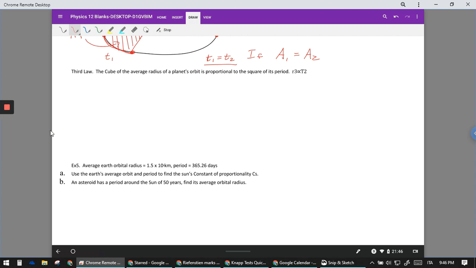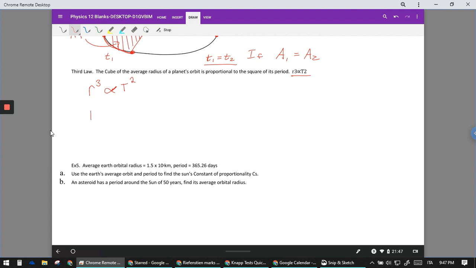And finally, the cube of the average radius of a planet's orbit is proportional to the square of its period. My formula came out a little incorrectly again, so it's r to the third is proportional to t squared. Okay? And you might say, well, what the heck does that mean? It means is proportional to.